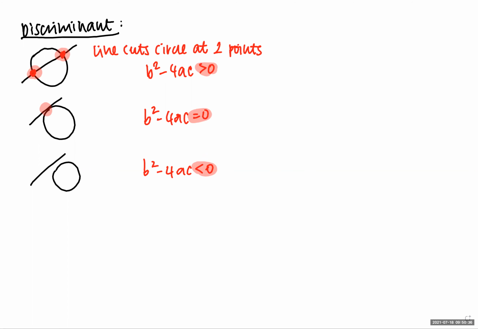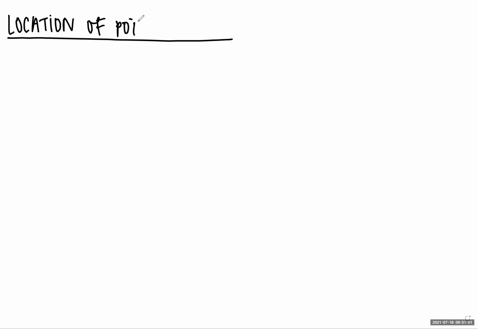Okay, this part of the notes, you all can keep behind your circles. There's a blank space you all can write down. The next one is called location of point. The heading is called location of point.